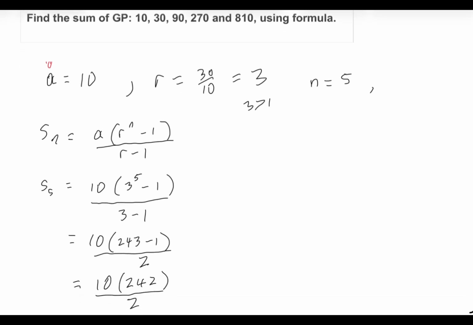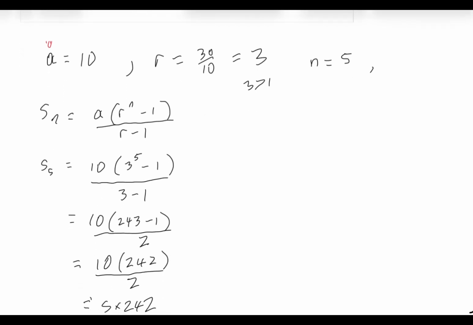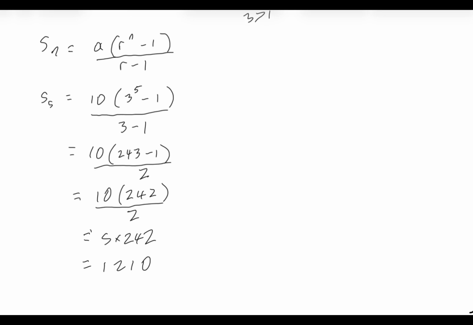That's 243 minus 1, times 10 over 2, which is 10 times 242 over 2, which is 5 times 242, equal to 1,210. So the sum of that GP up to the first 5 terms, S sub 5, is equal to 1,210.